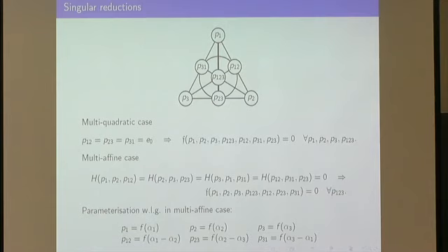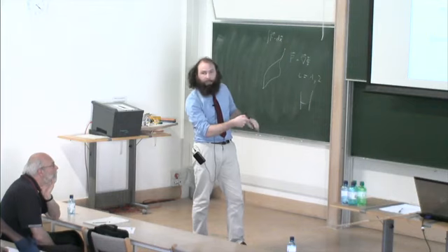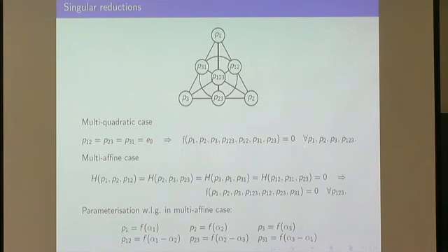In particular, on this plane, the polynomial f depends on all 3 of these points, and we're setting all of them equal to E0. So this is a singular reduction of this plane, because this polynomial f now vanishes for all values of p1, p2, p3, and p123. So it's satisfied automatically. You can choose these to be whatever you like, by virtue of this choice of these 3 variables on one line.